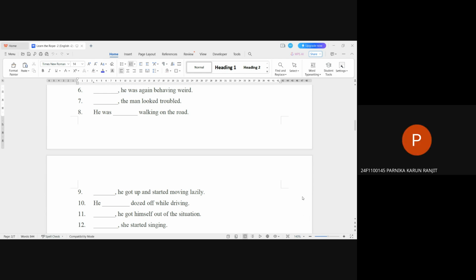Naturally, does it make sense? He naturally dozed off while driving. It's not quite that natural. So see, you should understand the context also. Is it good to doze off while you drive? No, right?